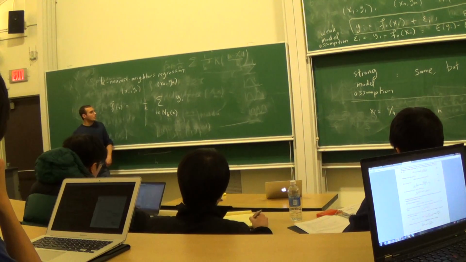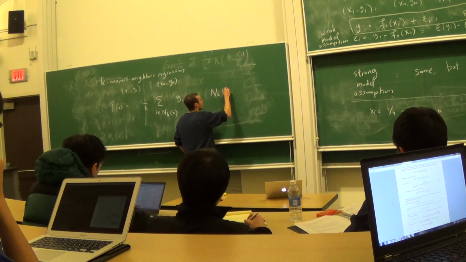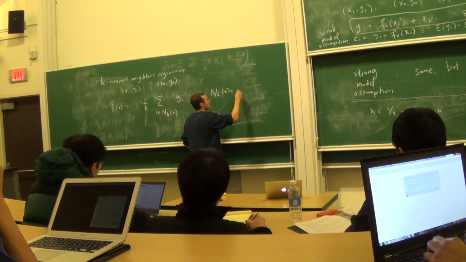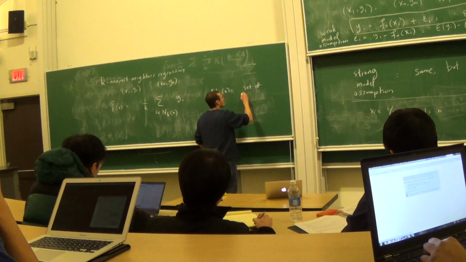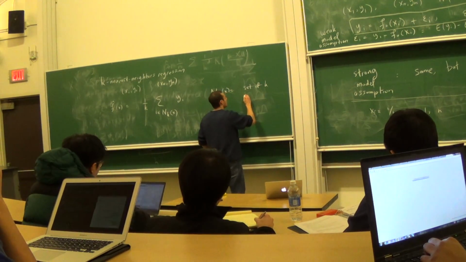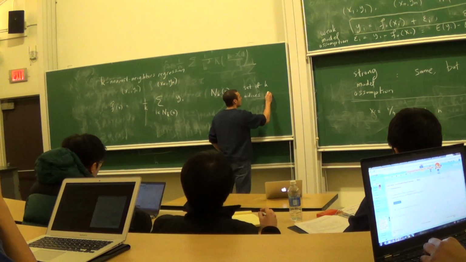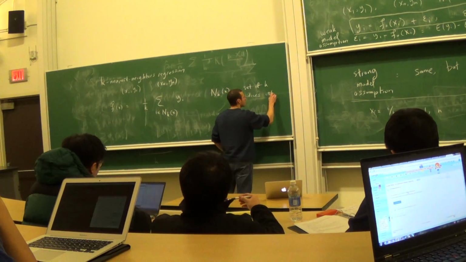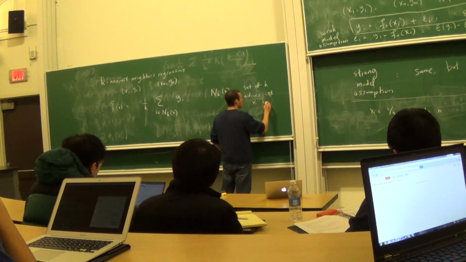That's k nearest neighbors. So N_k of any point x is the set of k indices such that x_i is one of the k closest points to x.